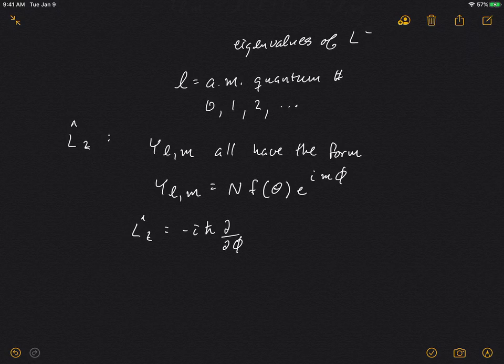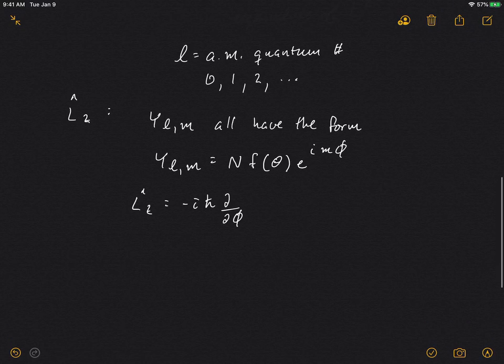Noting that the differential operator only really acts on the parts that contain phi, the other parts are just spectators. They get carried along, but they act as constants. So if we're taking the derivative with respect to phi, it's only going to act on the e to the i m phi part.